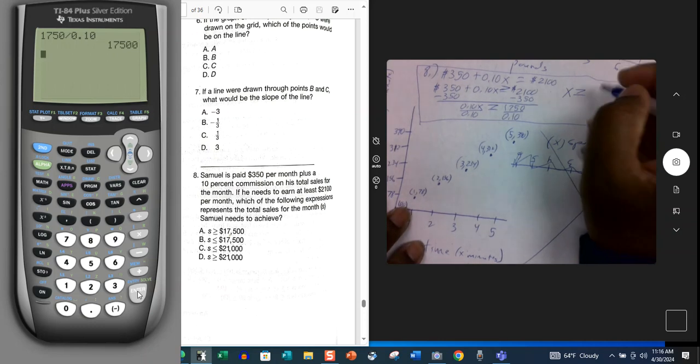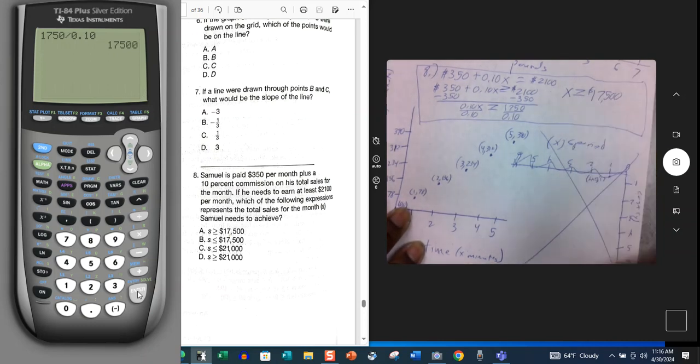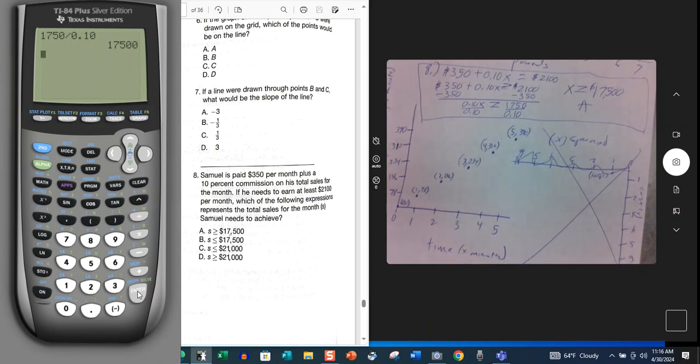So it'll be x is greater than or equal to $17,500. Now they did use s, but you can replace that with x. So then that'll be A. So your answer here would be A.